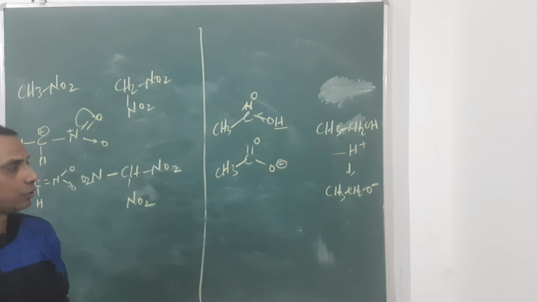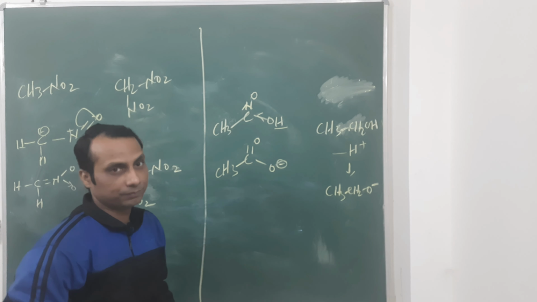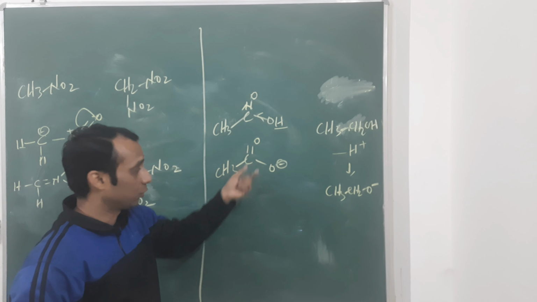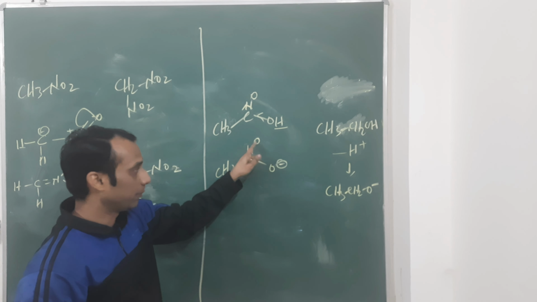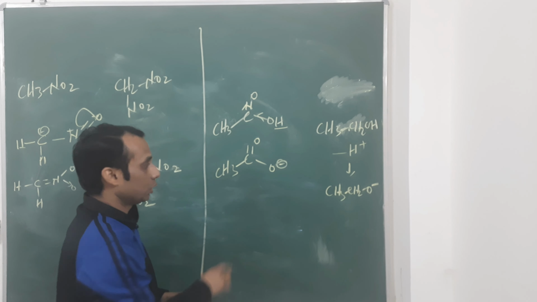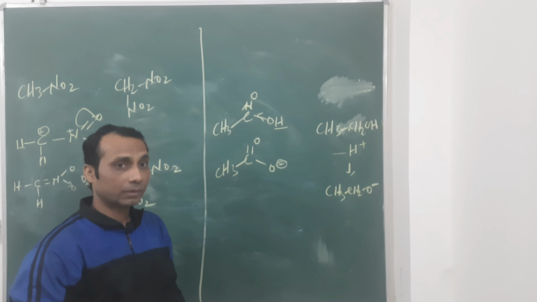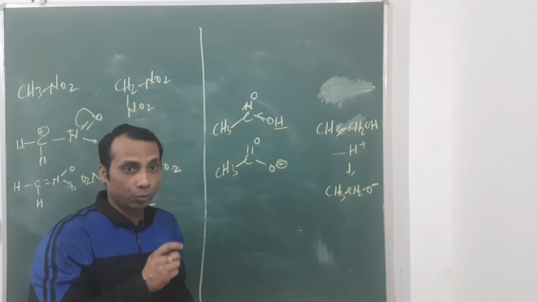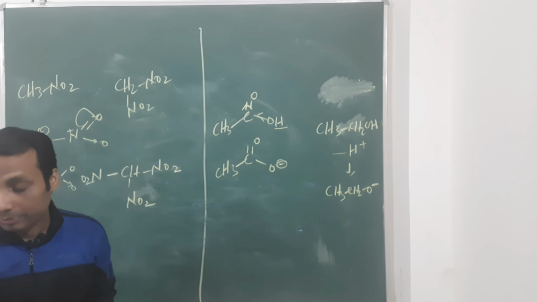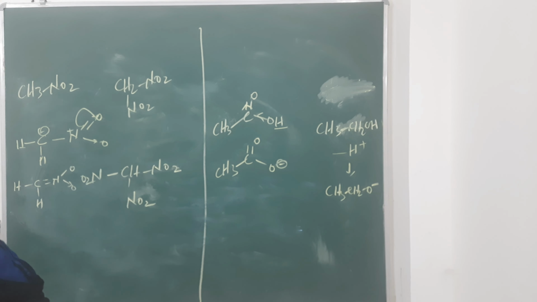Now think about which will better stabilize the negative charge. Here, between the two oxygen atoms, the negative charge will be better stabilized. Correct? That is the equivalent resonance. So due to better stabilization, as I said earlier, the substance which better stabilizes the anion is the most acidic.